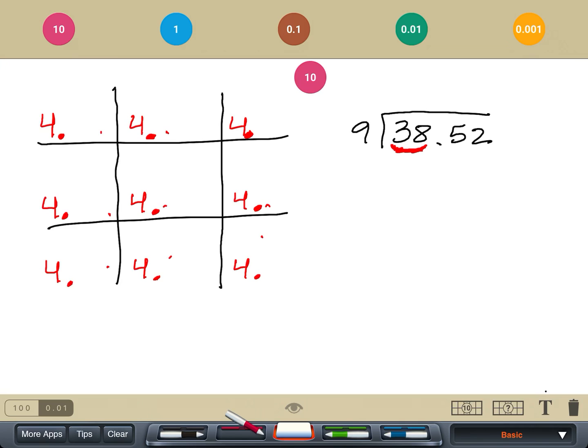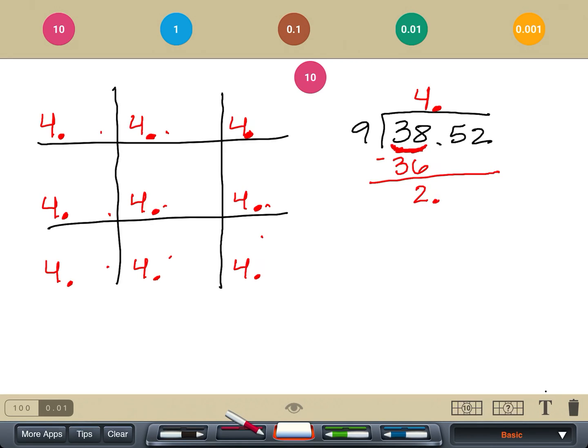Once you've done that, we're going to come over here and work on our algorithm. When we were dividing 38 ones divided by 9, we used 4 in each group for a total of 36. So we're going to take away the 36 that we've already divided up. 38 ones minus 36 ones is 2 ones.